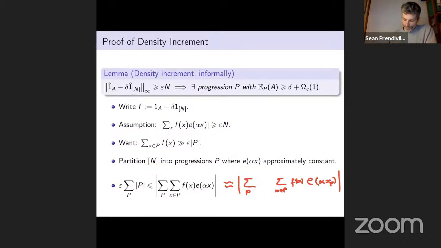Because this phase doesn't vary much along the progression, you may as well replace this arbitrary x in the progression with some fixed element x_P in the progression. It's approximately equal. And then you could take this phase out here. So let's do that.